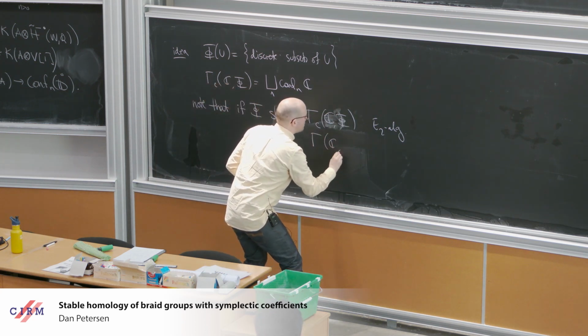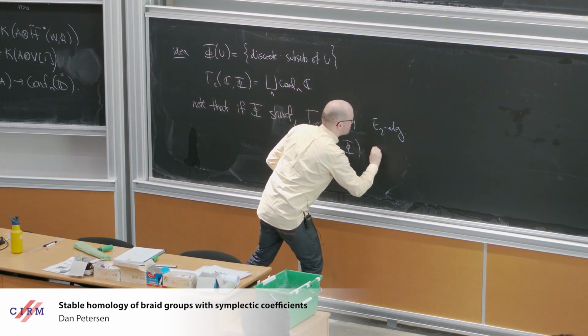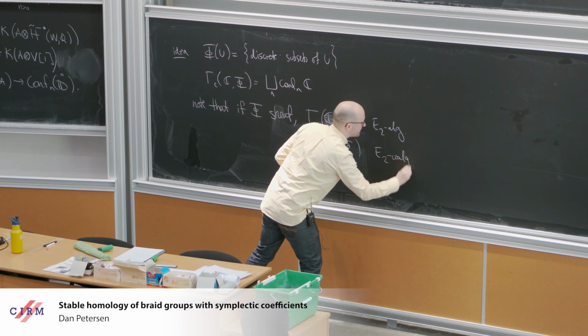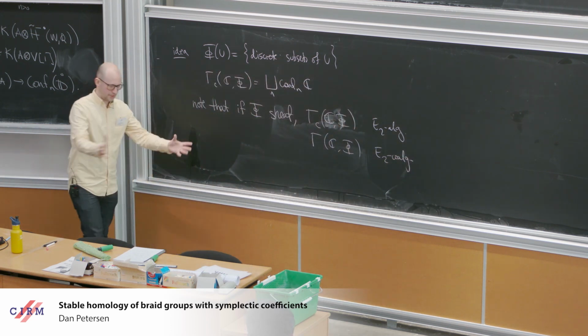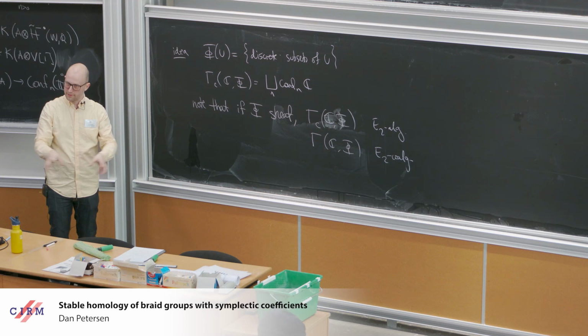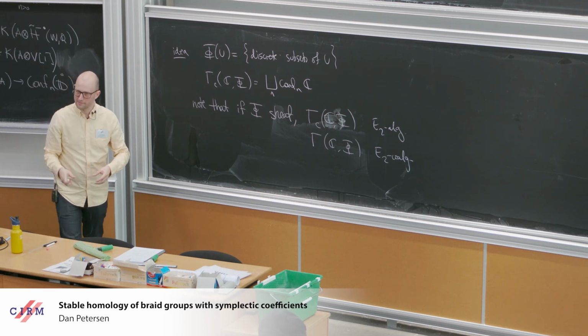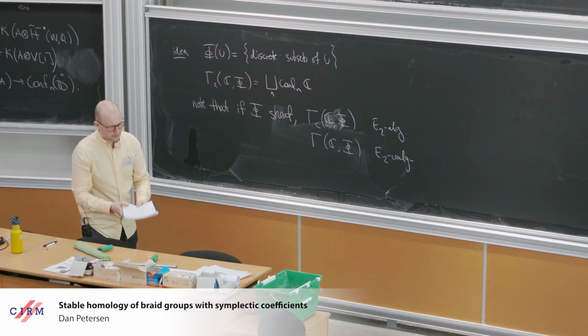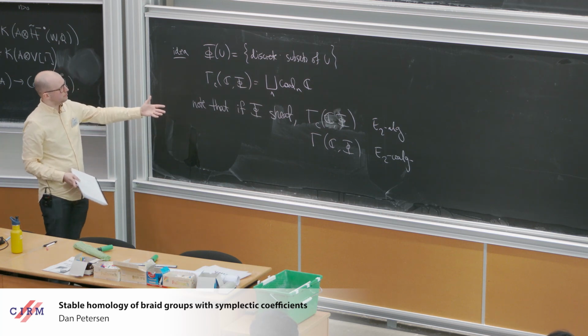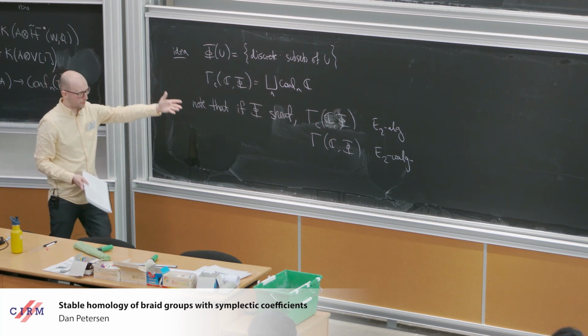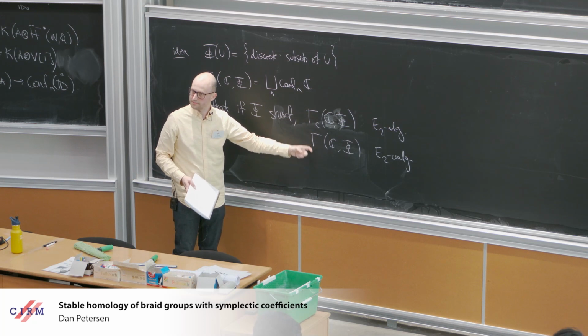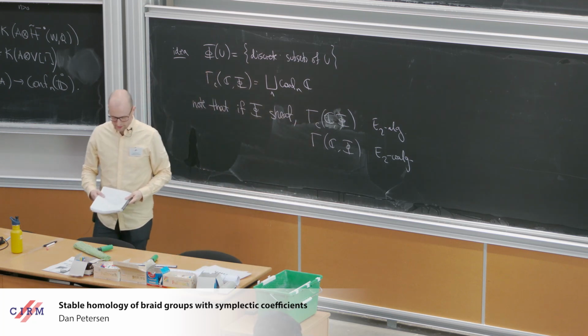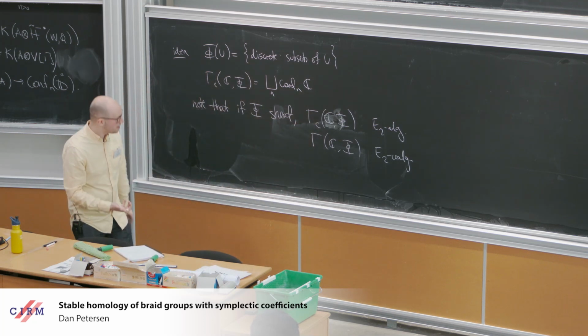But I can also take usual sections, and this is now an E2 co-algebra. Because if I have a section on a disk, I can restrict it to a bunch of smaller disks inside of that disk. And this maybe suggests that Poincaré duality should play the role of Koszul duality between this E2 algebra and this E2 co-algebra. And this is indeed the case.